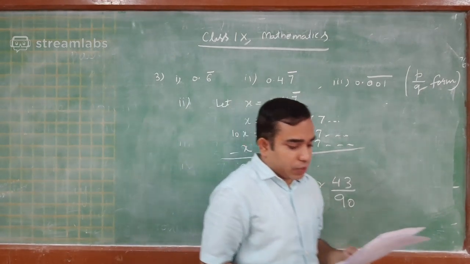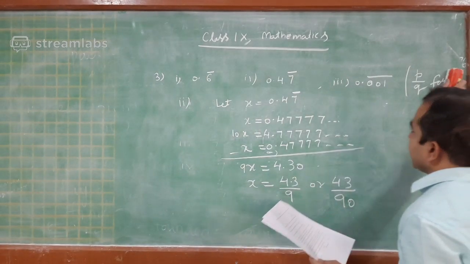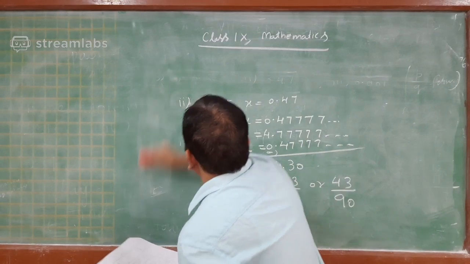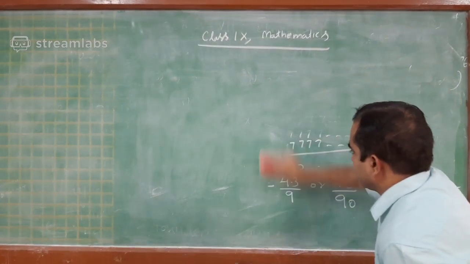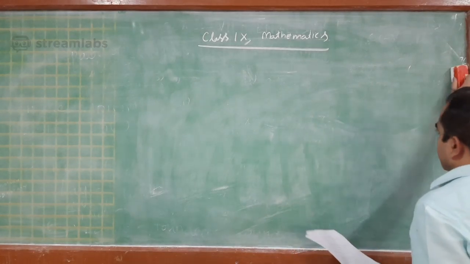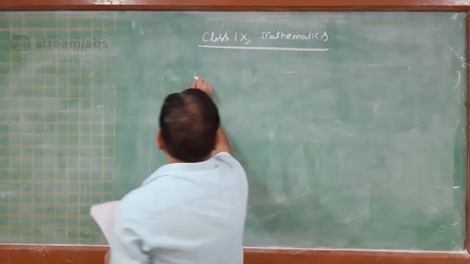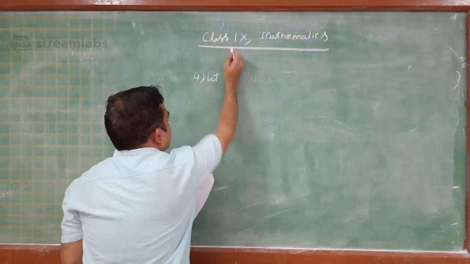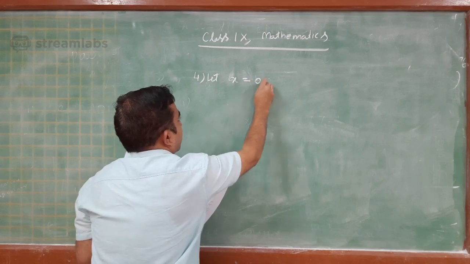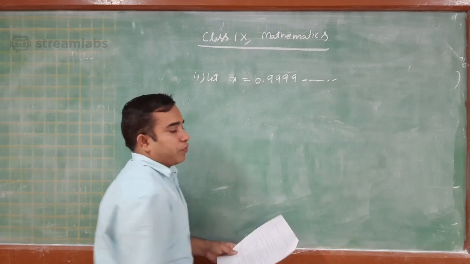Fourth is a nice question, an amusing question. They have given you a number. In which form is it? Let x equal to, let us begin and give a name, 0.5999 and up to infinity.